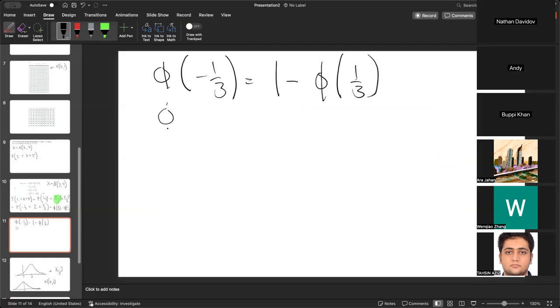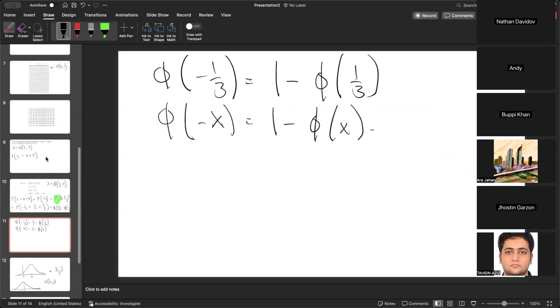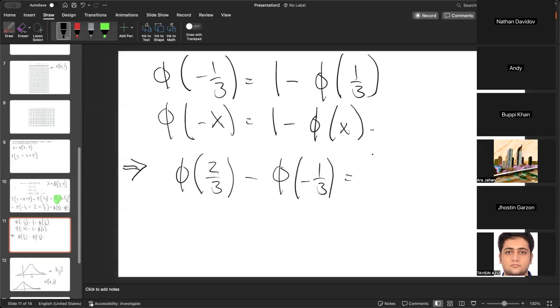That corresponds to the fact that phi of minus x is 1 minus phi of x. So what that means is phi of 2/3 minus phi of minus 1/3 is actually, wait, did I get this right?